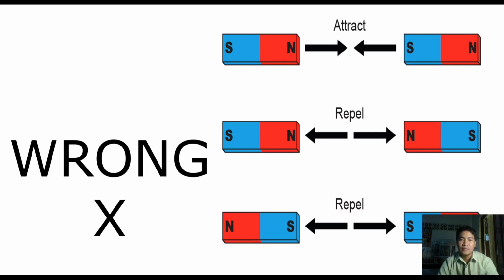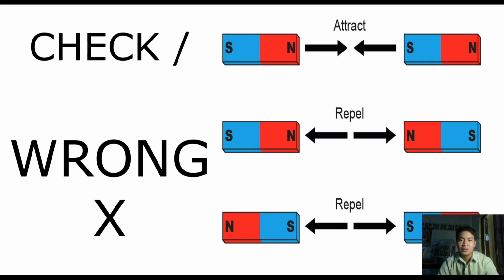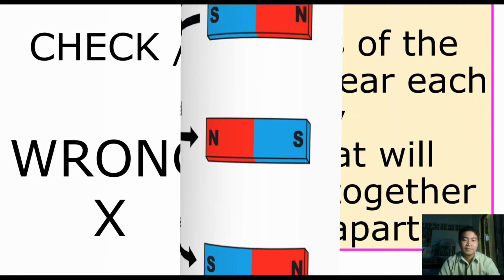And we have here repel, north to north. When both north poles are together, there is a repulsion, so this cannot be attracted, or X. Then we have here repel if it is also south and south, or both south poles. It cannot be attracted, but instead it repels or pushes apart.